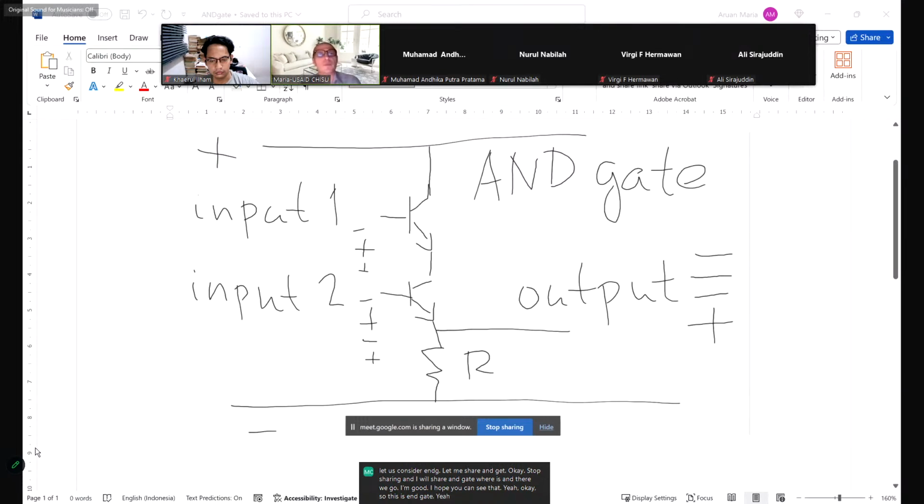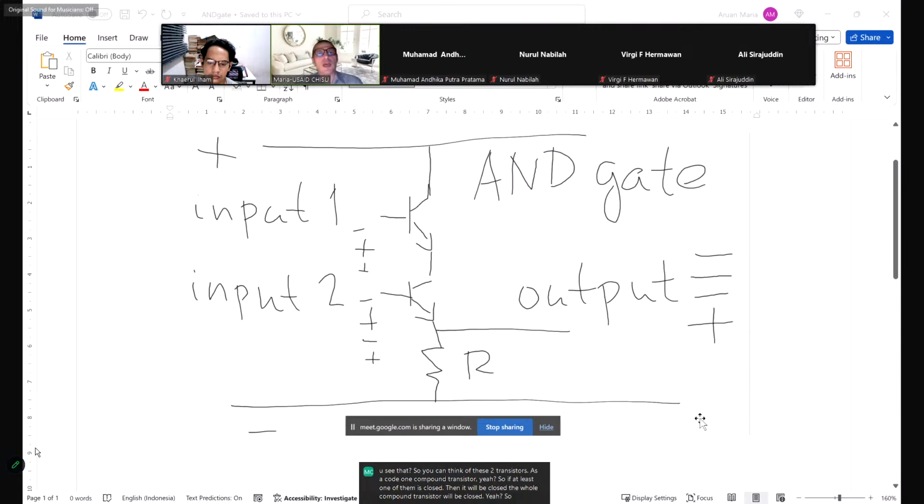So this is AND gate, yeah? Can you see there are 2 inputs, input 1 and input 2. And there are 2 transistors. Can you see that? So you can think of these 2 transistors as one compound transistor, yeah? So if at least one of them is closed, then the whole compound transistor will be closed, yeah?